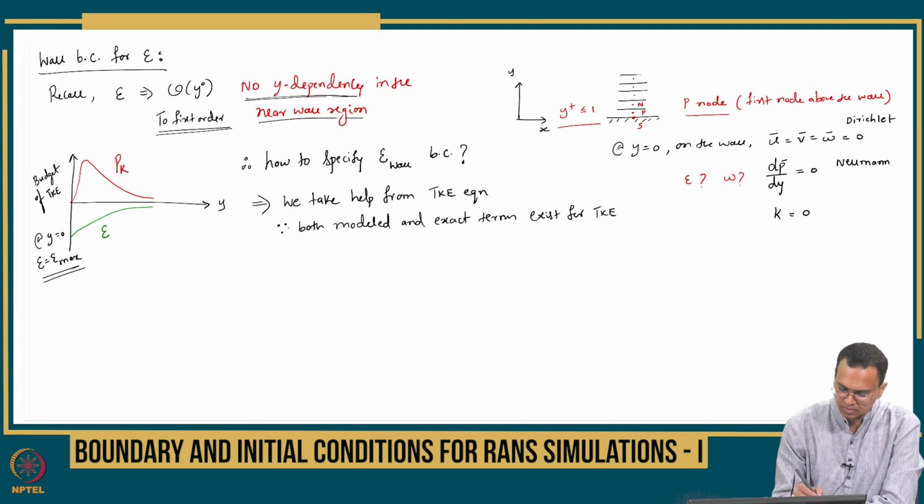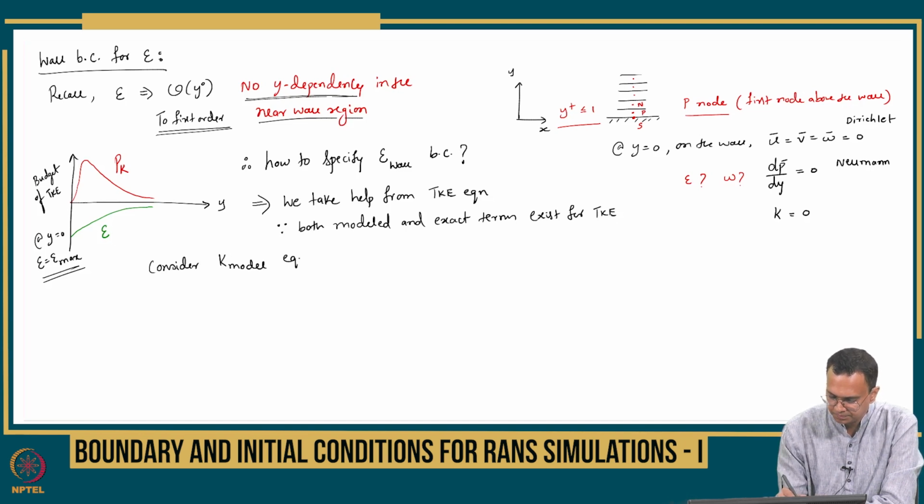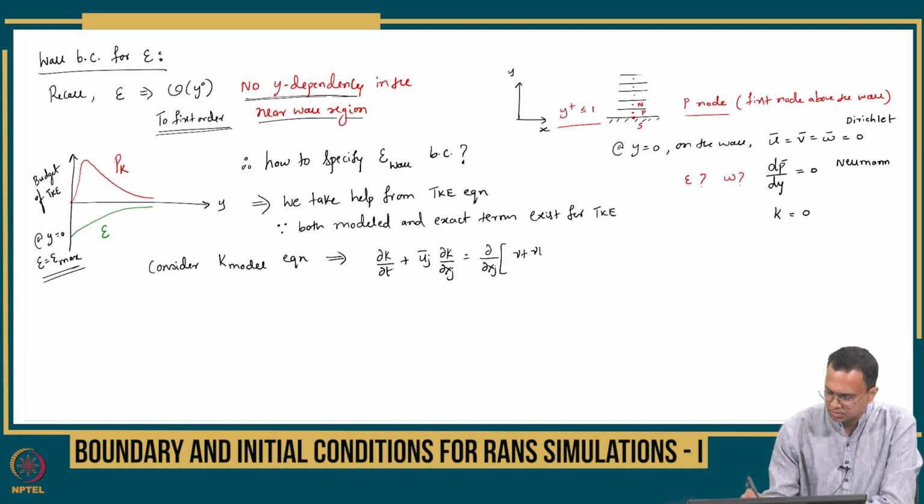Okay, so as y tends to 0, what will happen to your K model equation? So consider K model equation, okay, which is dou K by dou t plus uj bar dou K by dou xj equal to, I have the diffusion term, nu plus nu t by sigma K, dou K by dou xj, plus Pk minus epsilon.